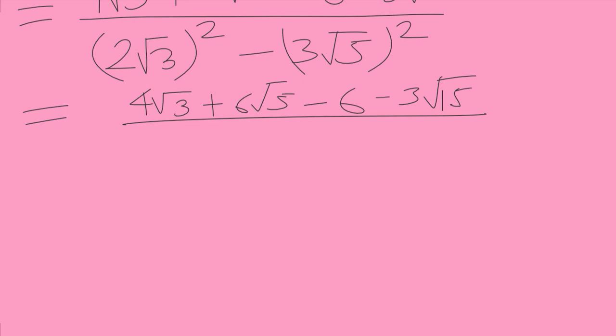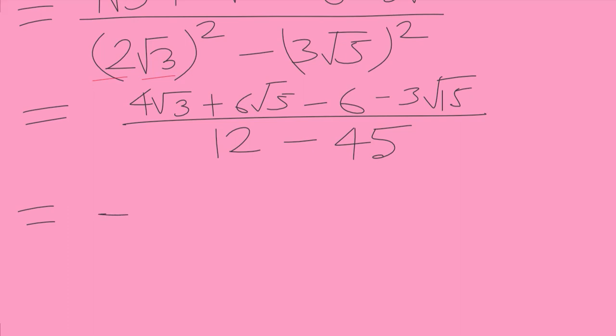We have to square this 2 also, and we have to square this root 3 also. So squaring the 2 is 4, squaring root 3 is 3, so 4 into 3 is 12. So we write here 12, and in this case we have 3 square 9 and root 5 square is 5, so we write 45, 9 into 5. So 12 minus 45 is equal to how much? That is equal to minus 33.